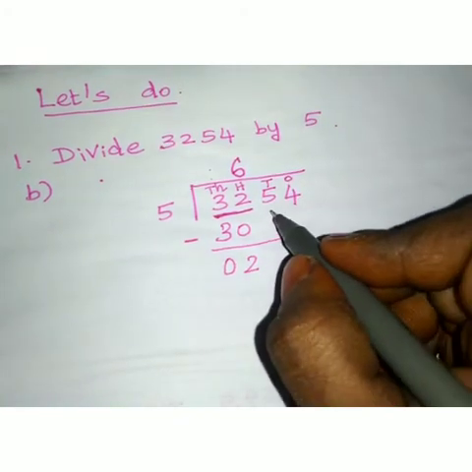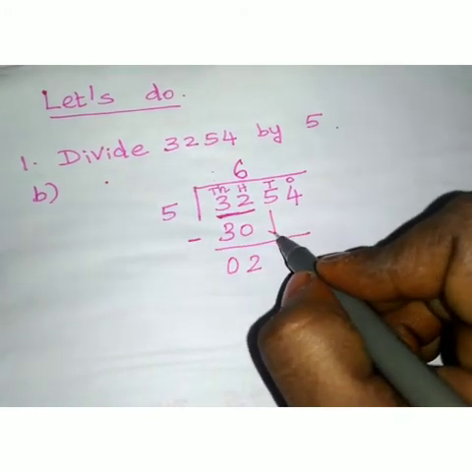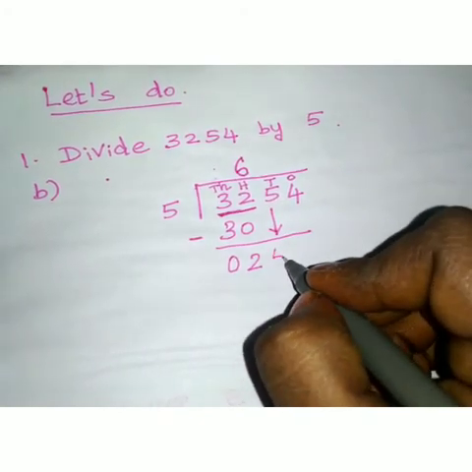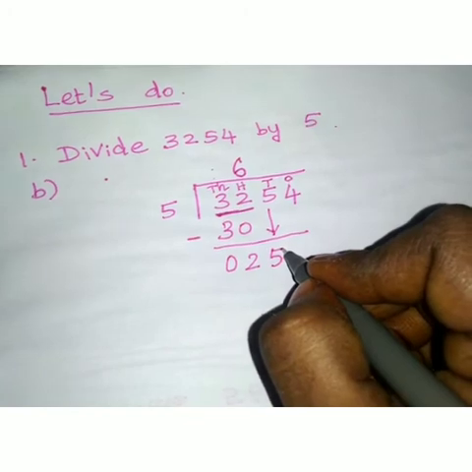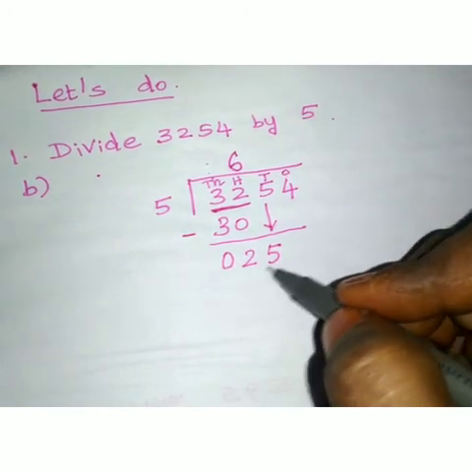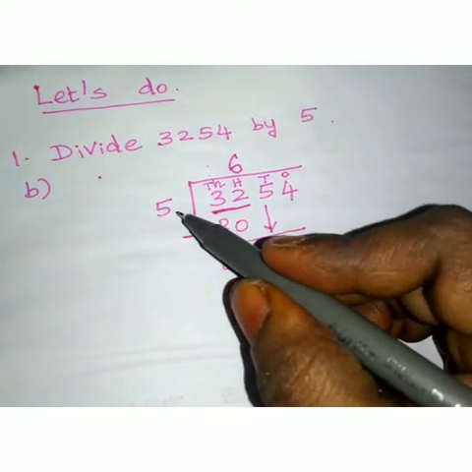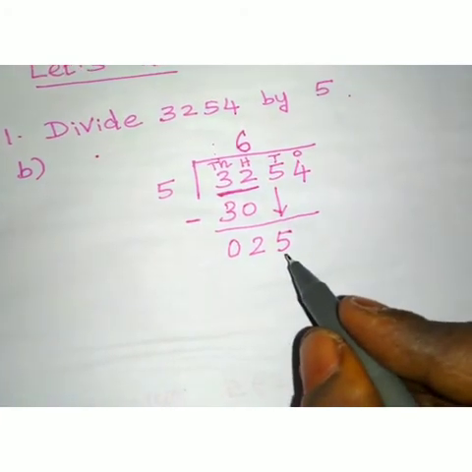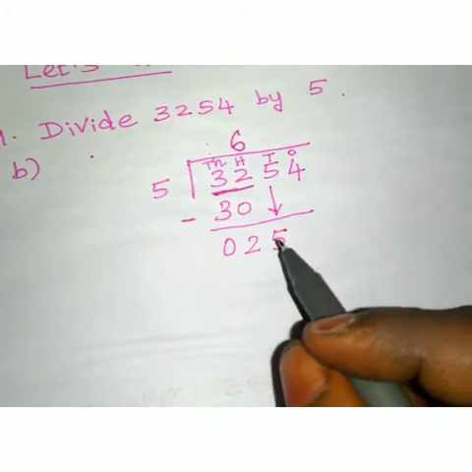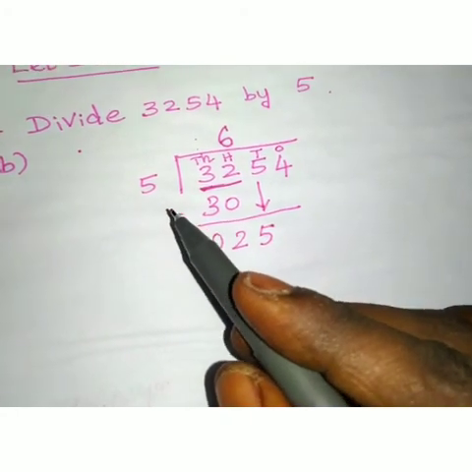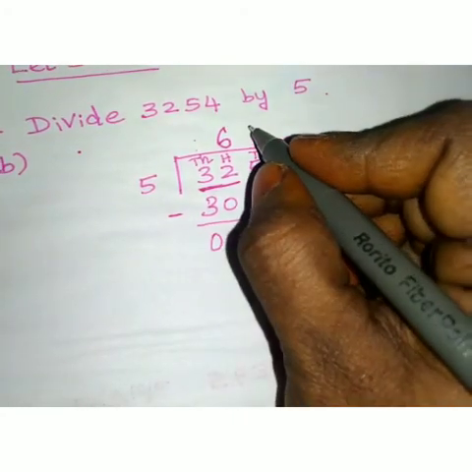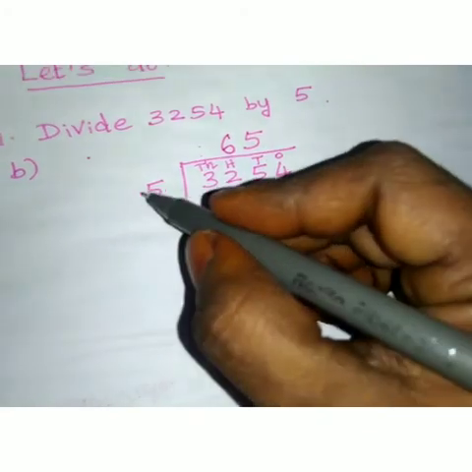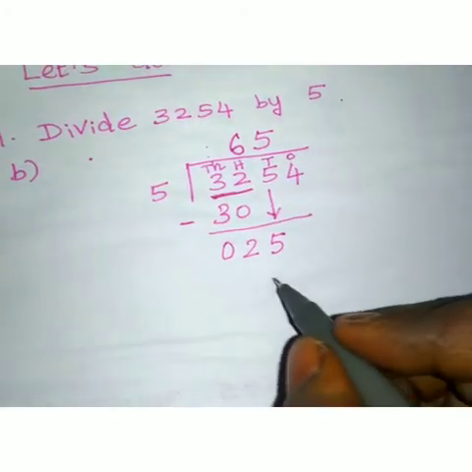Now bring down the next number, the next place value. The next place value is 5. So you have to bring it down. Now you have to consider these two numbers. Let me start with the multiplication table of 5. How many times do you get 25 using the 5 table? 5 fives are 25. So you have to write 5 above the tens place.